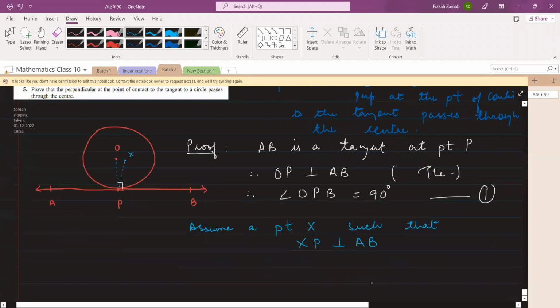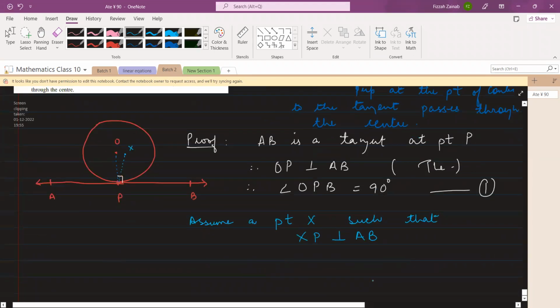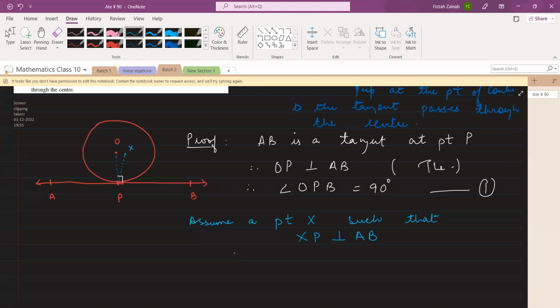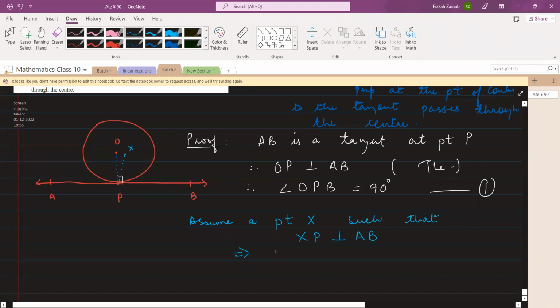See, obviously there is no point like that, but I'm just saying there is a point such that XP is perpendicular to AB. Is that okay? Now, if this is perpendicular, that implies that angle XPB is equal to 90 degrees. This is the meaning of perpendicular, right?